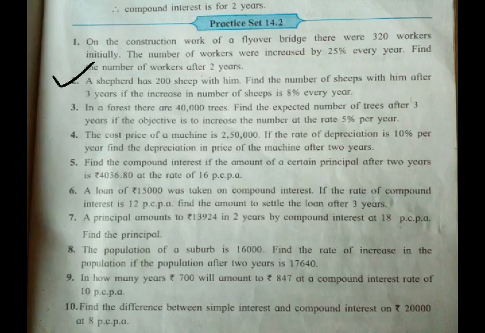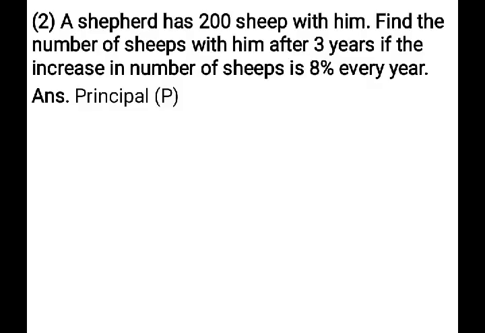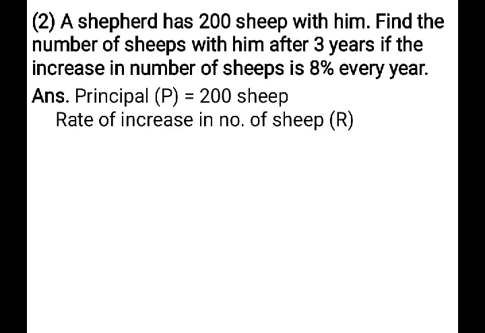A shepherd has 200 sheep with him. Find the number of sheep with him after 3 years if the increase in number of sheep is 8% every year. Principal P is given, 200 sheep. Rate of increase in number of sheep, that is rate of interest, is equal to 8%.